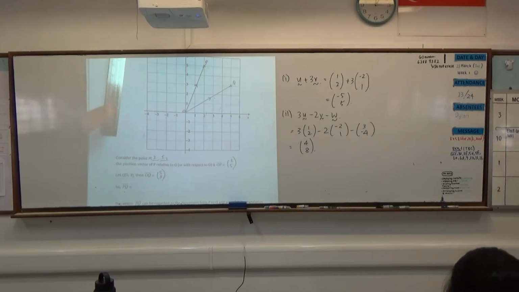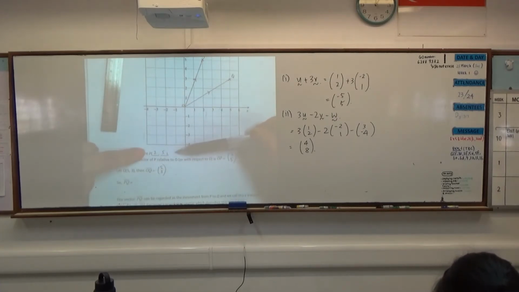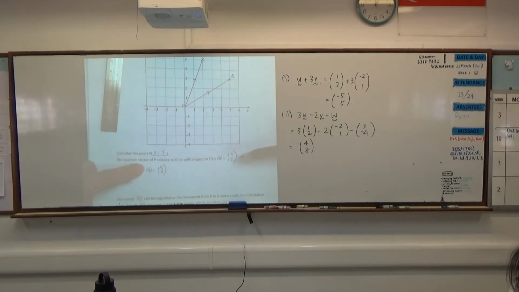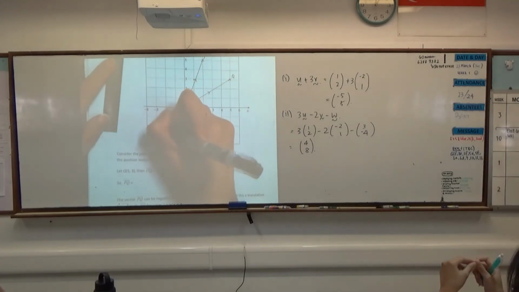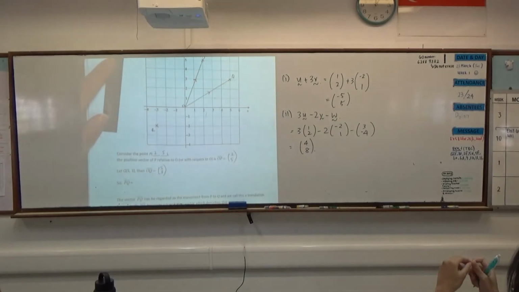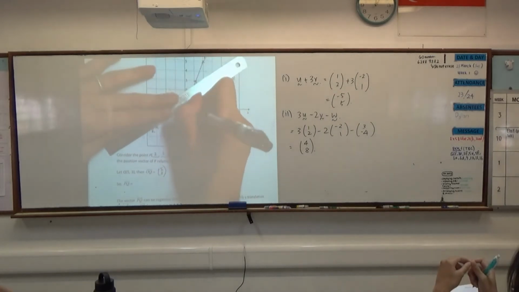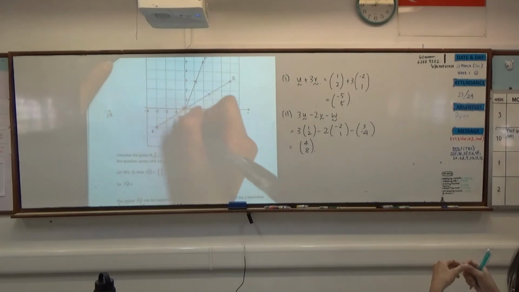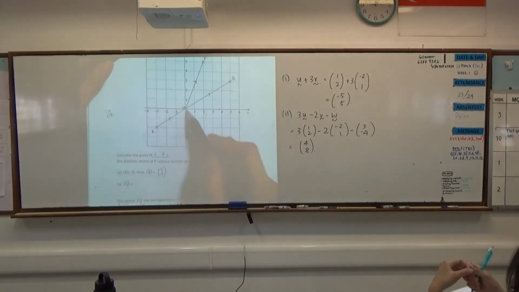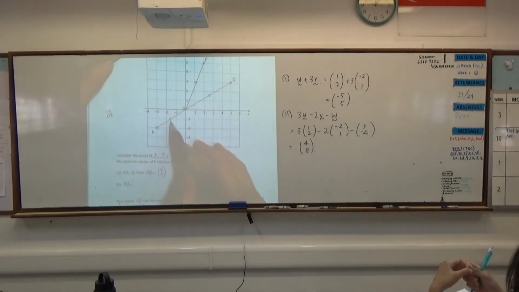So we observe that for position vectors, it is exactly the same as your coordinates, just written in a different format. Even if I have a vector, let's say here, R, and I want to write down the position vector OR, so O to R, the arrow is in this direction.